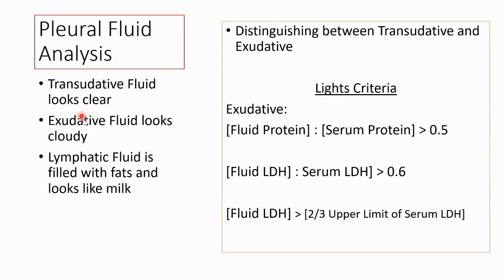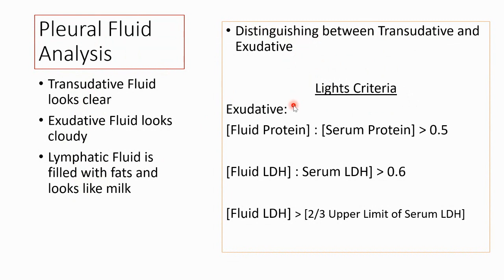Transudated fluid looks clear, exudative fluid looks cloudy, lymphatic fluid is filled with fats and can look a little bit like milk. To distinguish between transudative and exudative pleural fluid, we use what we call the Light's criteria. And one of your case studies is on the Light's criteria.